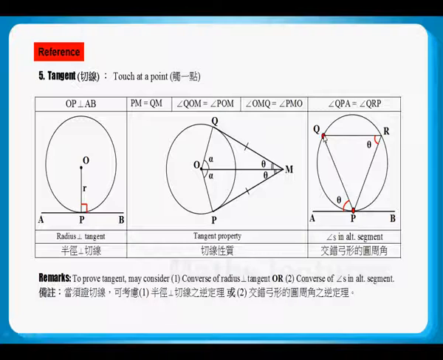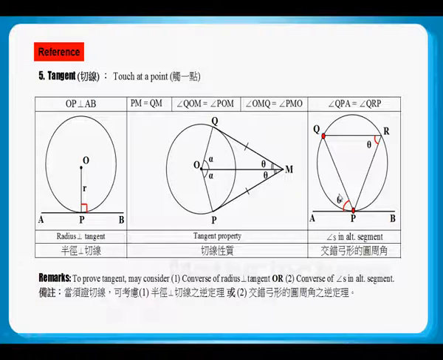If it shoots to the other side of the segment to form a circumference triangle, the angle at the circumference is equal to the chord tangent angle. They are equal.